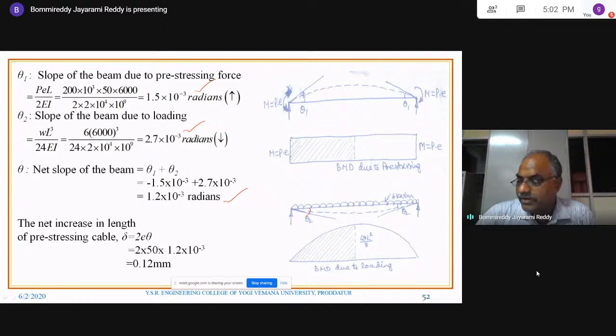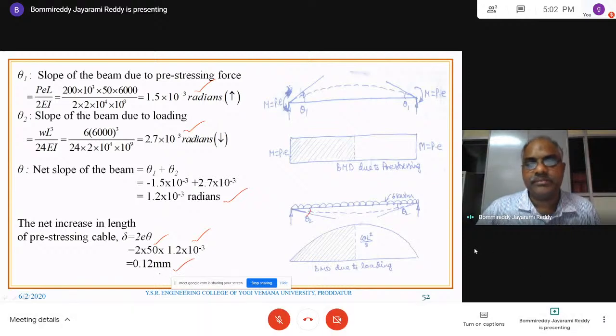And what is the net increase in length of the pre-stressing cable? Already I told you it is 2 times E into theta. Now with the eccentricity and theta value, the increase in cable length is 0.12 millimeters. So it is a combination of strength of materials and pre-stressed concrete.